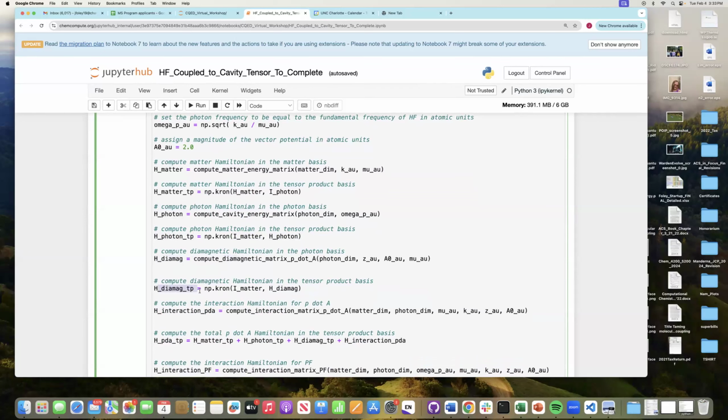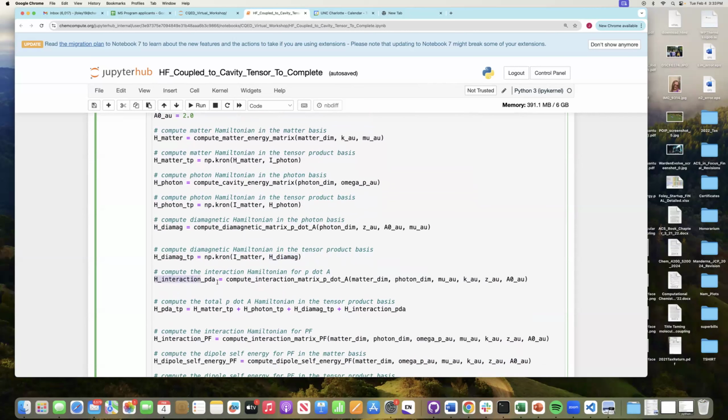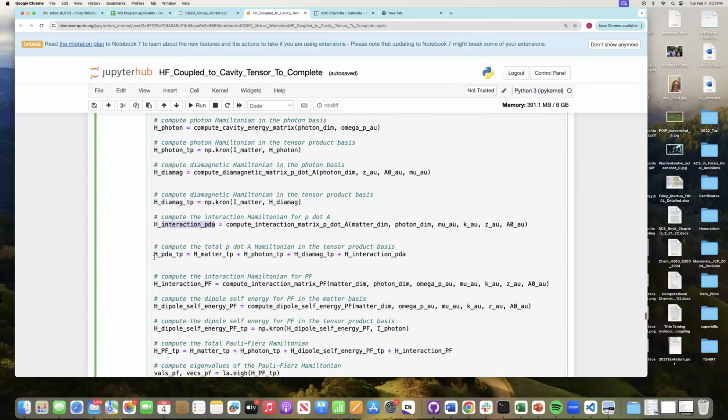We want to take the tensor product, the matter identity with the diamagnetic Hamiltonian, and then compute the interaction Hamiltonian for the P dot A. And this term will now be in both the matter and photon subspace, so no tensor products for this. So then we'll build the full P dot A Hamiltonian in this tensor product basis.